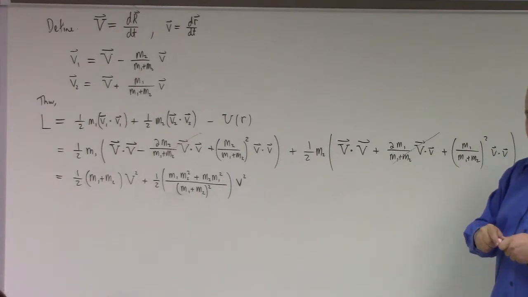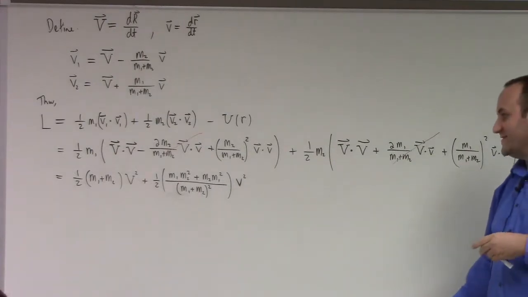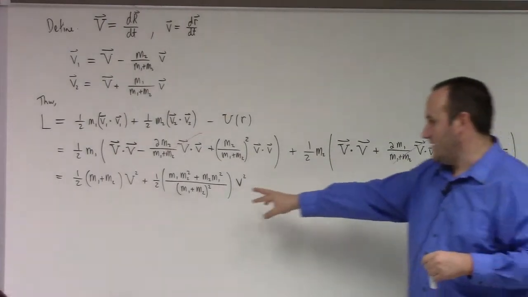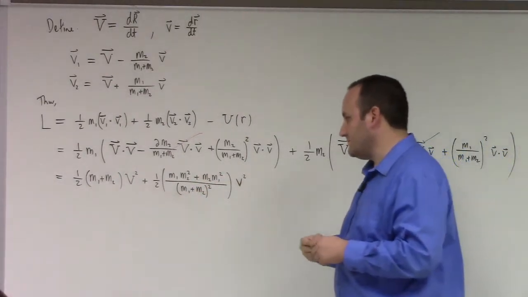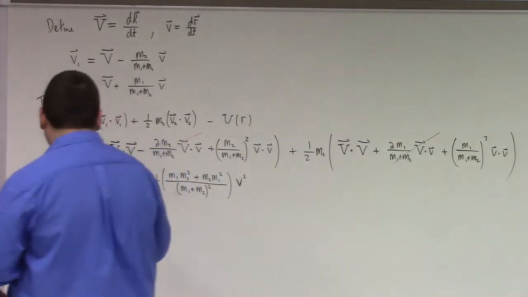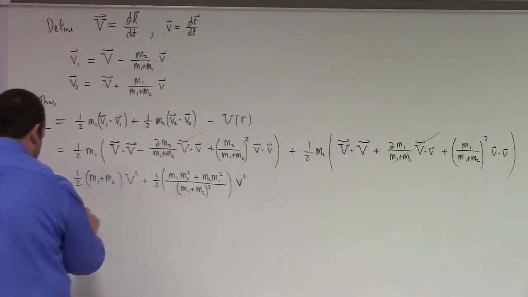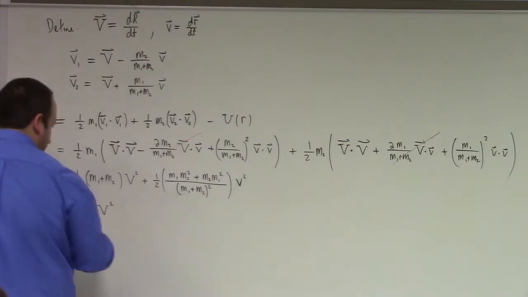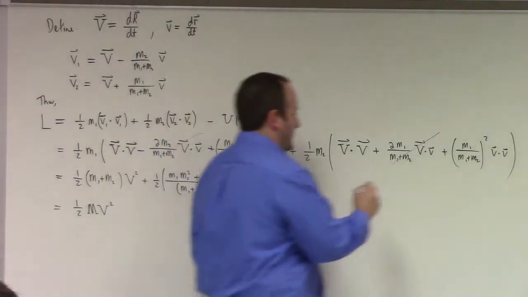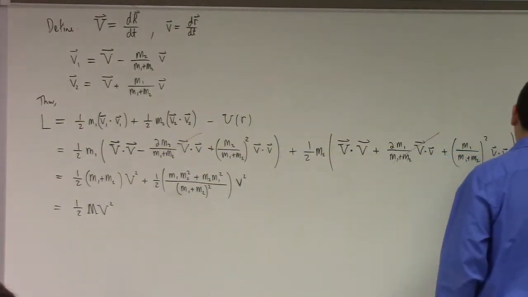So this is really, really nice. Does this simplify? So this is 1/2 big M, big V squared. And of course, you guys don't let me get away with that, minus u of r, right?